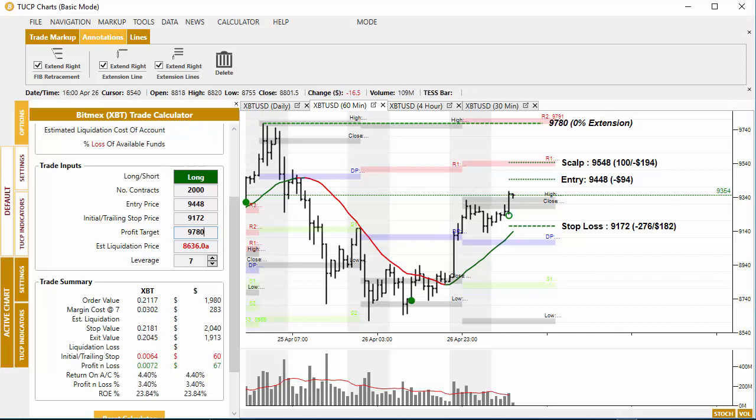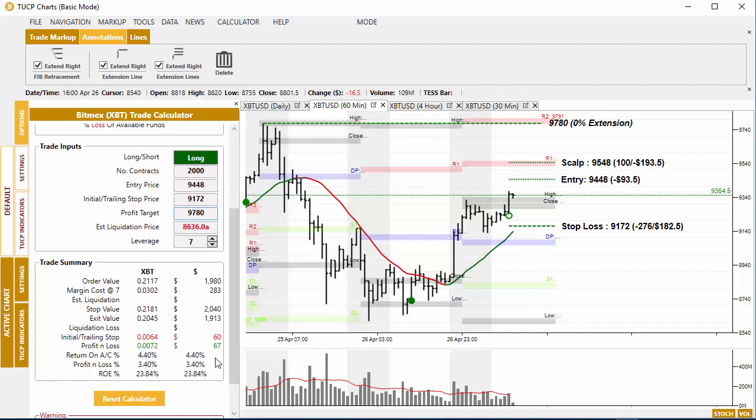So I can go to the profit target and I can type in 9780, and I can see now that we've got a situation down here where it's a 1-to-1 ratio, but I will have moved the stop up by this point, and if I've moved it to break even, I can then also show this in the software as well by changing the figure to the entry price.